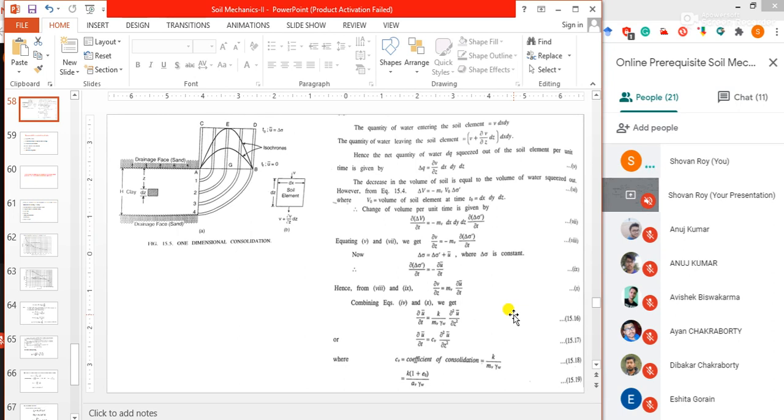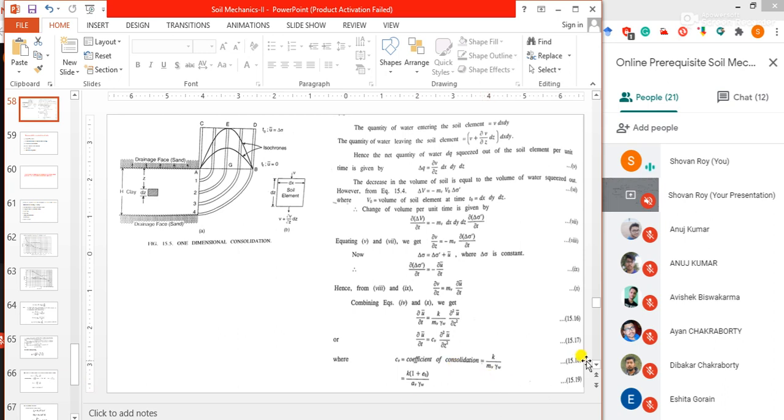Coefficient of consolidation, coefficient of compressibility, compression index, coefficient of volume change or coefficient of volume compressibility, and other terms which will come today after some time. So first, coefficient of consolidation.